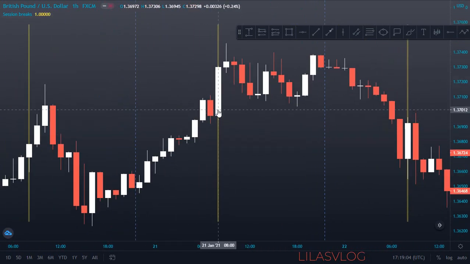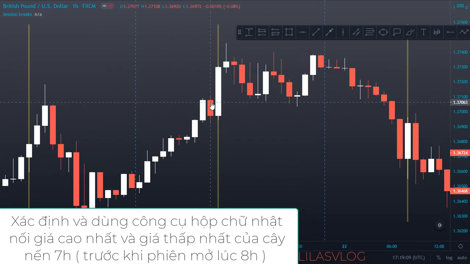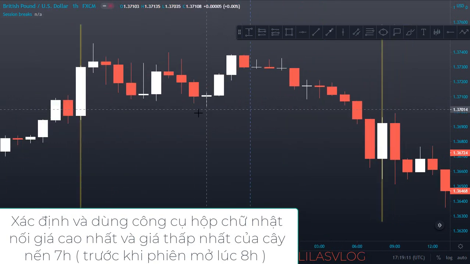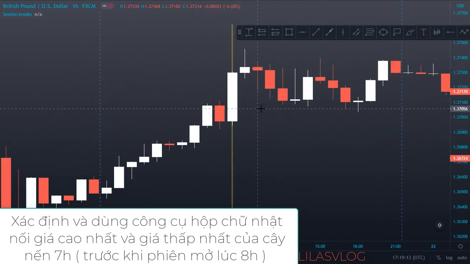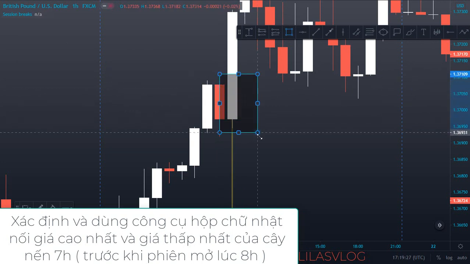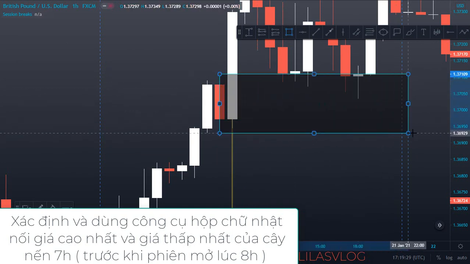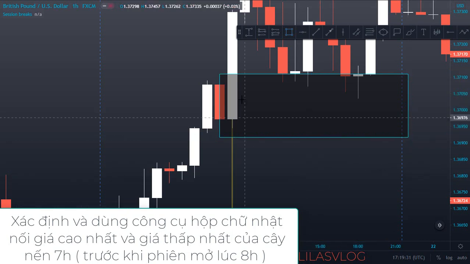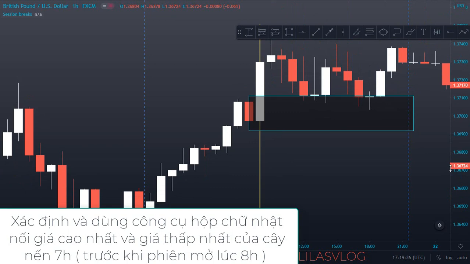So this is the 8 AM candle, right? I need you to go back to 7 AM, and identify the highest and the lowest price of this candle. Please use the rectangle to mark the zone like this, from the highest to the lowest of the 7 AM candle. See, we have a zone here. Alright, this is the first step.